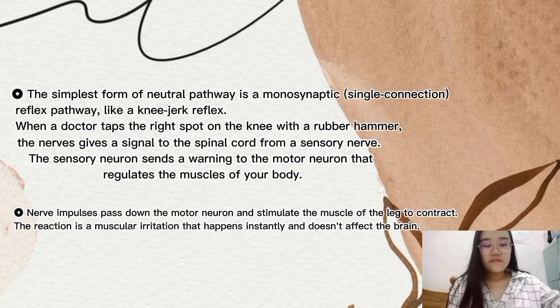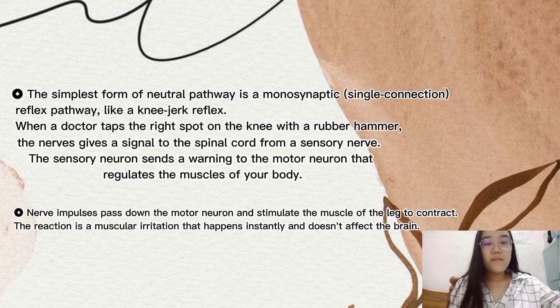knee-jerk reflex. When the doctor taps the right spot on the knee with a rubber hammer, the nerves give a signal to the spinal cord from a sensory nerve. The sensory neuron sends a warning to the motor neuron that regulates the muscles of your body. Nerve impulses pass down the motor neuron and stimulate the muscle of the leg to contract.